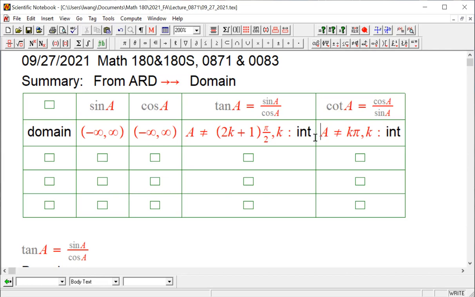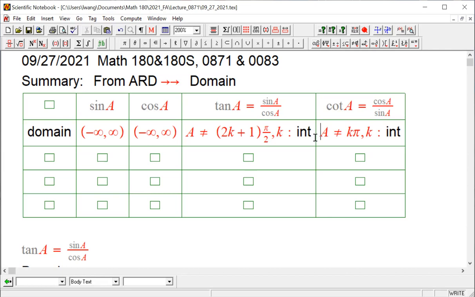No, domain. Shouldn't we also mention negative infinity to infinity like we did for sine and cosine? The domain is not from negative infinity to positive infinity. The domain input is the angle A. A could be from negative infinity to positive infinity angle.